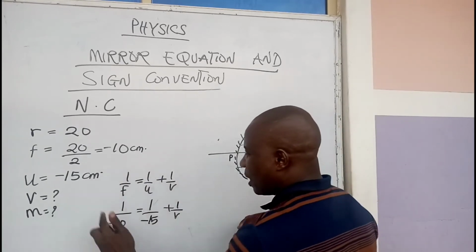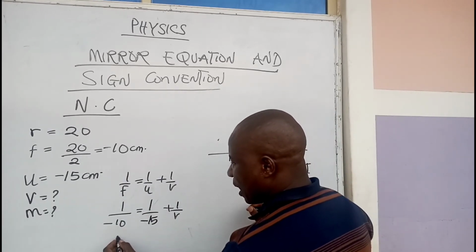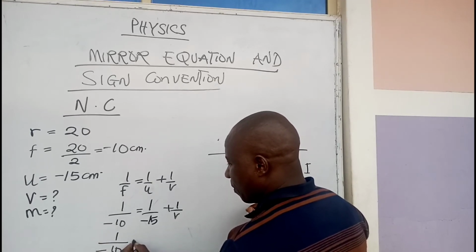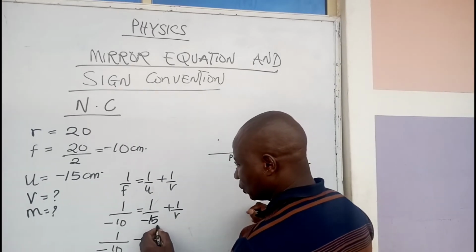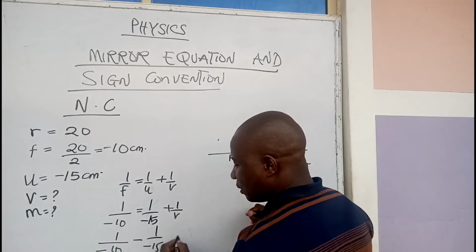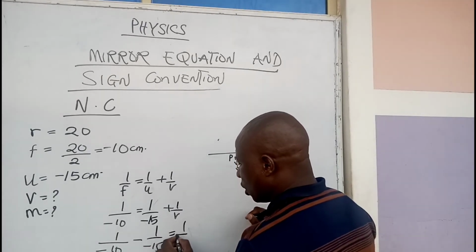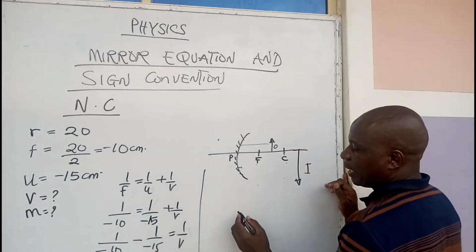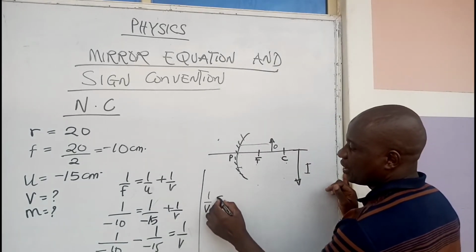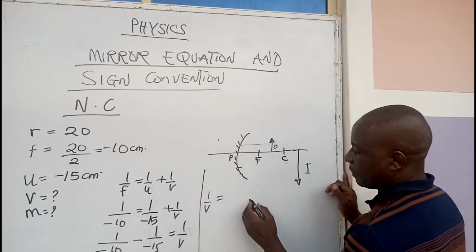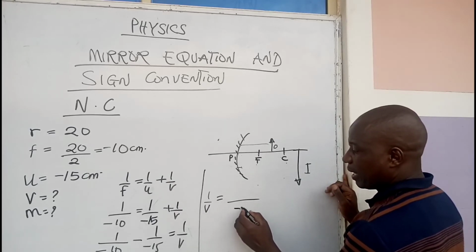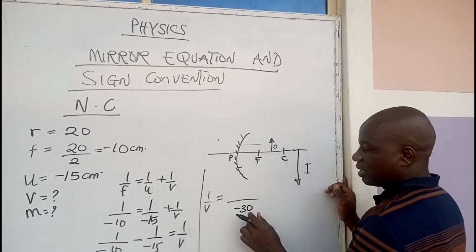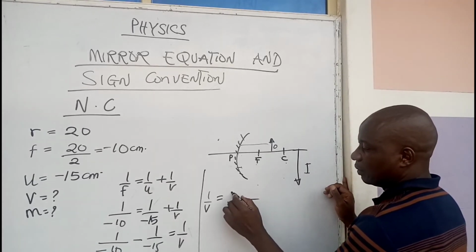So if this one crosses to the other side, we have 1 all over minus 10 minus 1 all over minus 15 is equal to 1 all over v. So what do you have here? We have 1 all over v is equal to, what's the LCM? That is minus 30, right? Minus 10 in minus 30, we have 3.